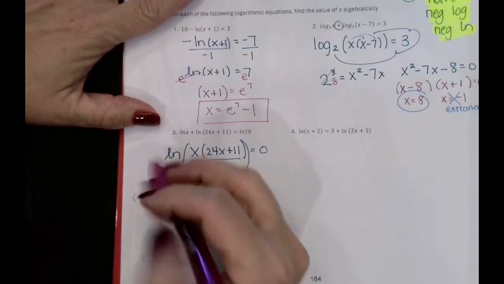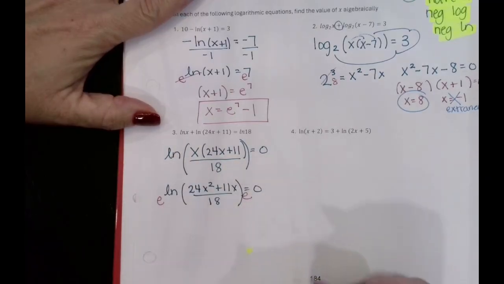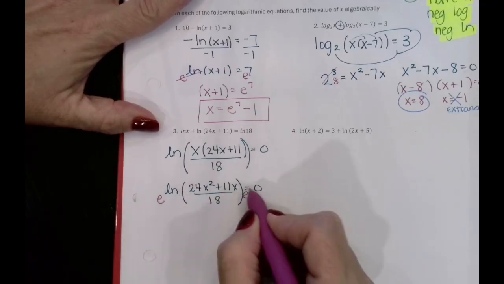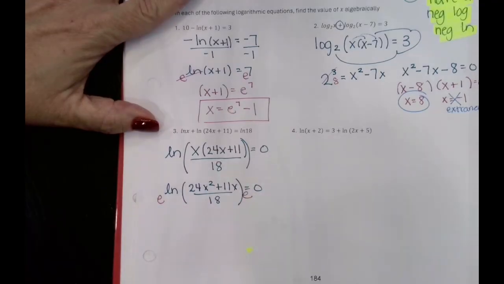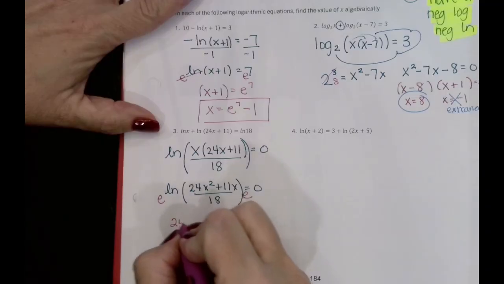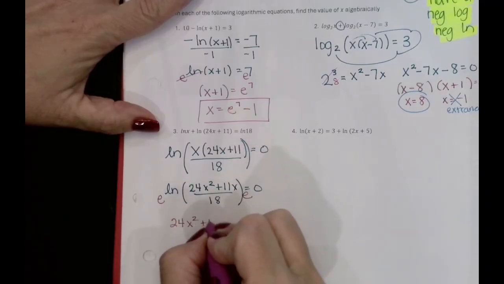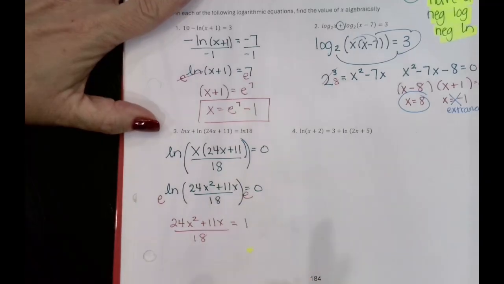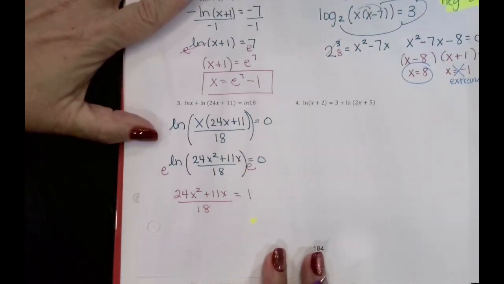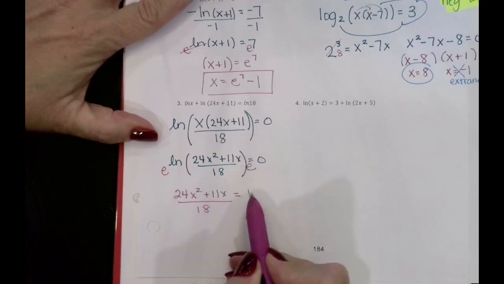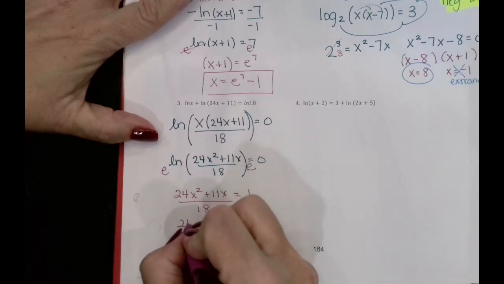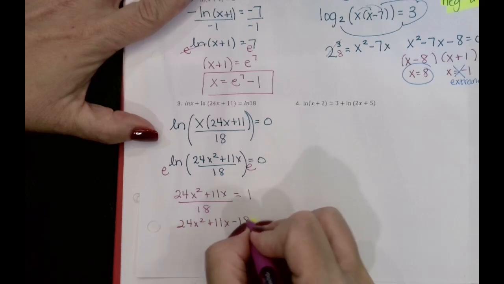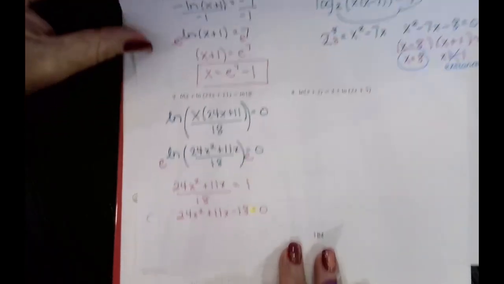So if I e both sides of this, or if I say this is base e, so e to the 0 equals this, what I end up with is 24x squared plus 11x all over 18 equals 1. So I can get this 18 out of the denominator, and I have 24x squared plus 11x minus 18 equals 0.